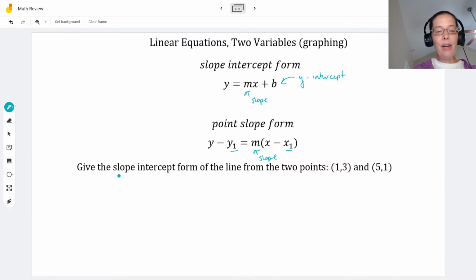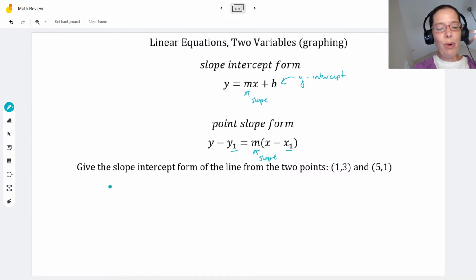So we have a problem here. So we want the slope-intercept form. Again, this is the most common form, and we have 2 different points. So I'm going to end up using the point slope form, but first I need to calculate my slope.